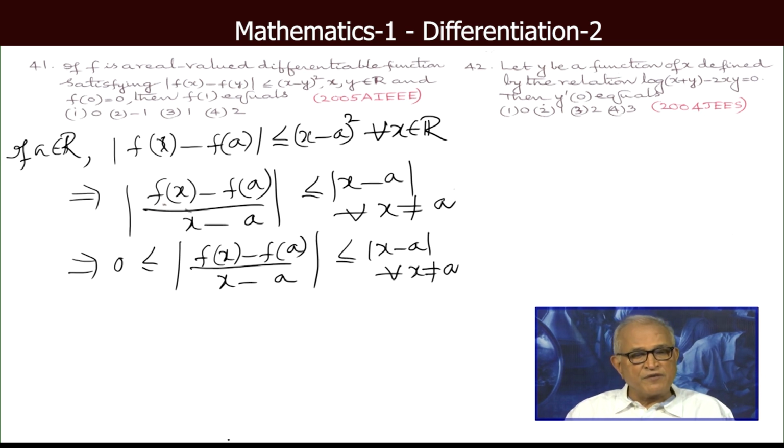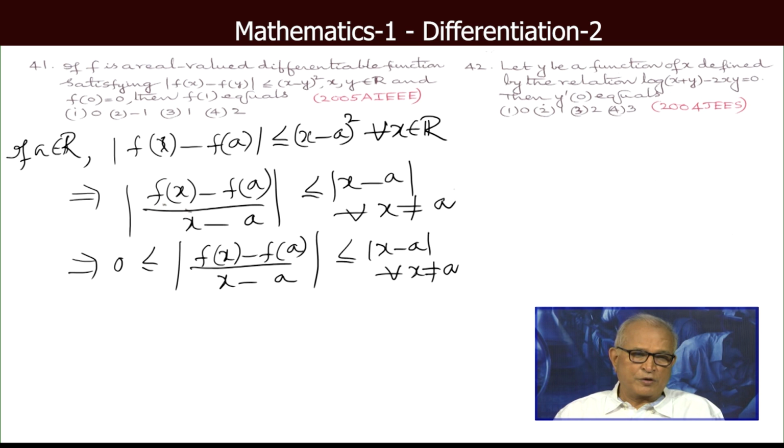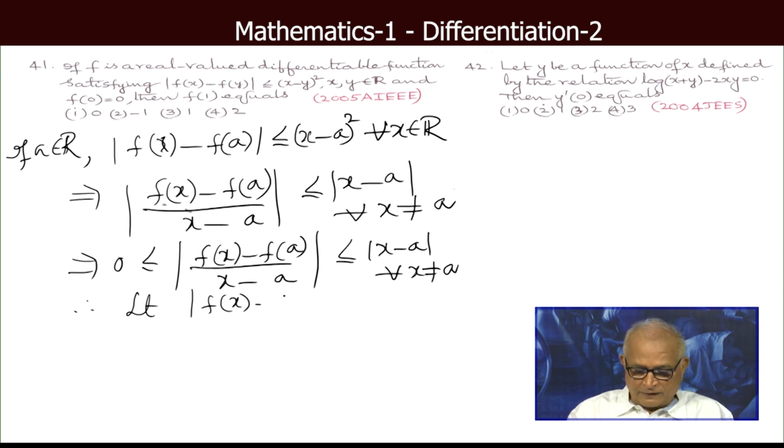So the squeezing function on the right has the limit 0 as x tends to a. On the left, mod of f(x) minus f(a) by x minus a is being squeezed by the constant function 0. And therefore, by applying the sandwich theorem, mod f(x) minus f(a) by x minus a has a limit 0 as x tends to a.